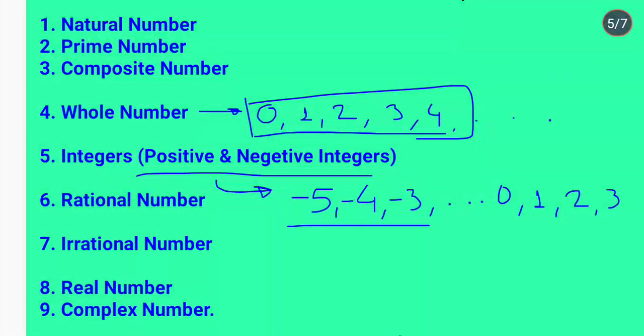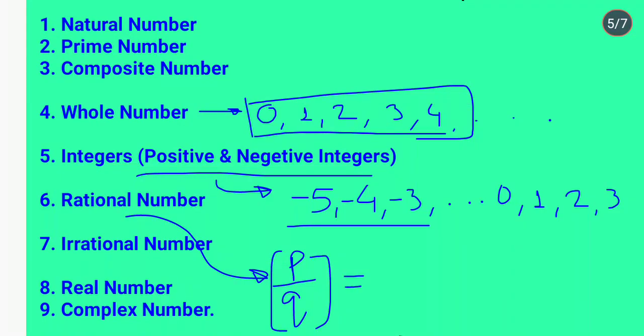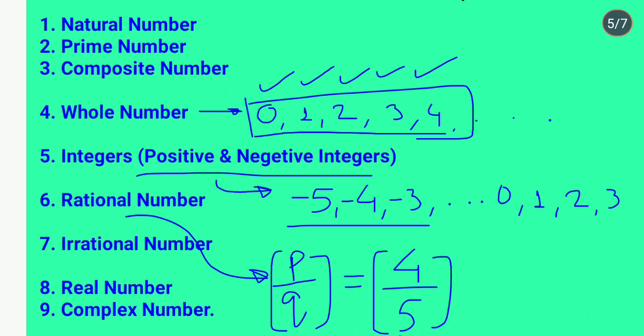We have learned that a rational number can be written in the form of p by q, where p and q are integers. So for example, 4 by 5 is a rational number, but whole numbers are just complete numbers, for example 1, 2, 3, 4, 5.